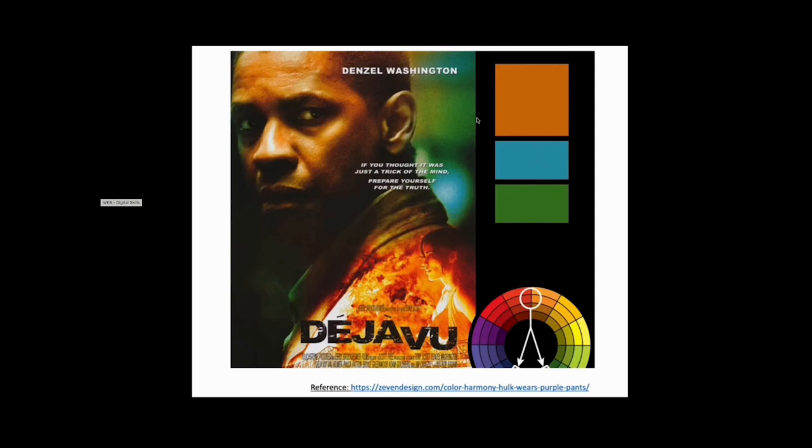And so it becomes a really pleasing look because they are split complementary, but also because that warm color is pushed to the front and the cool colors are pushed to the back. So it really brings out the subject of this, and it also helps create a really strong composition.